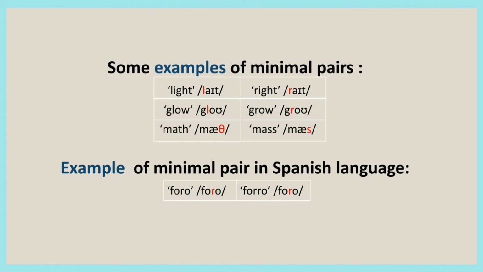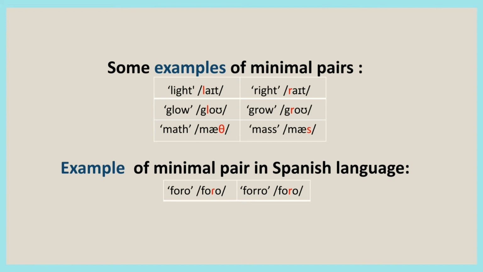They differ in the sounds l and r in initial position. Then, in the words glow and grow, they differ in the sounds l and r too, but in the middle position. The last, in the words math and mass, they differ in the final position.